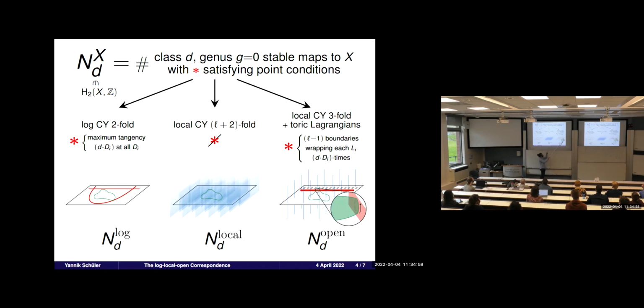And the contact condition with the Lagrangian is that we impose that we have d times d_i windings of this S1 around the Lagrangian. Okay, so basically, this is why I said earlier that they more or less behave the same. And now getting back to the question how we actually define these Lagrangians.